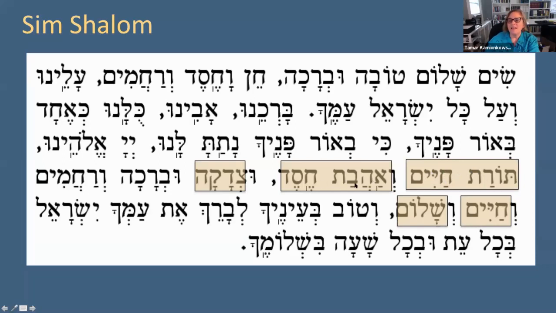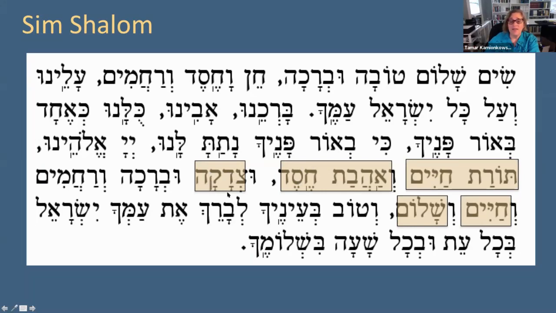Ahavat chesed. We've looked at ve'ahavta, you shall love. So ahava usually ends with a hey as a feminine noun. And here by putting the taf in here, it connects these two words. So now it is love of chesed, right? Love of this kind of loving kindness.